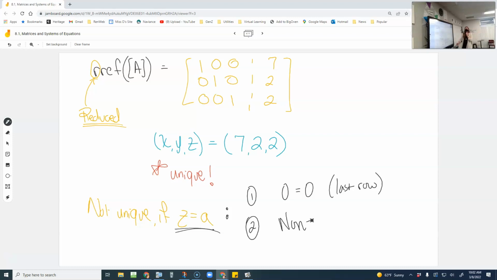Remember how I've been talking about the coefficient matrix being a 3 by 3 or a 2 by 2? 2 equations, 2 variables, 3 equations, 3 variables. If I have a square coefficient matrix, that means I have enough equations for enough unknowns. Joey just reminded us that we call them non-square. If I don't have enough equations, then I pretend the last row is 0 equals 0, which means z equals a.